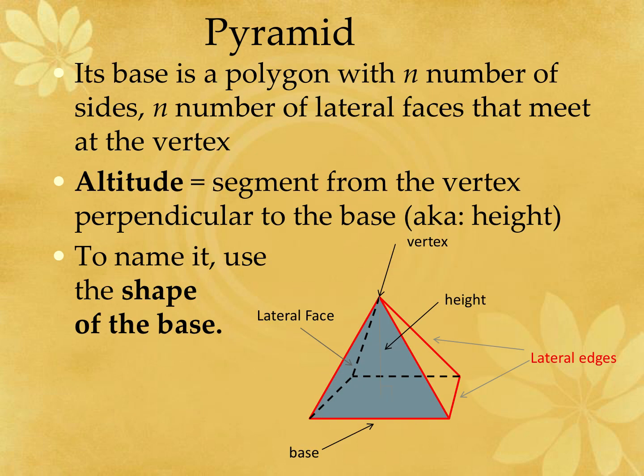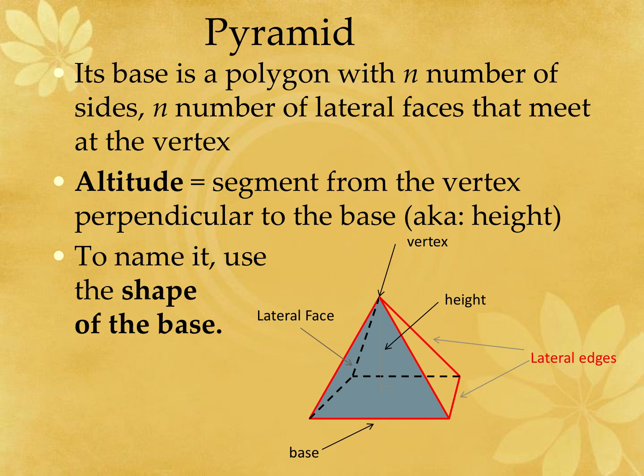So a pyramid, whenever we want to name it, we would name it by its base, and the base will be a polygon with n number of sides and n number of lateral faces that meet at the vertex. For example, if I have a square pyramid, I'm going to have 4 sides on my square, so I will also have 4 lateral faces, which will be triangles.